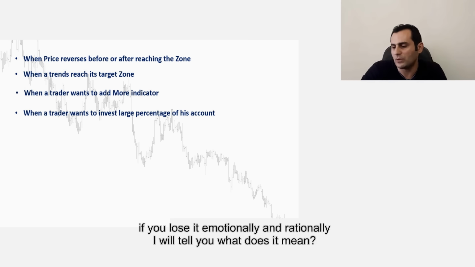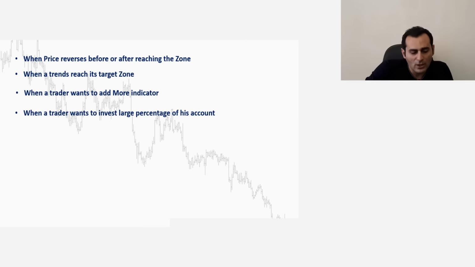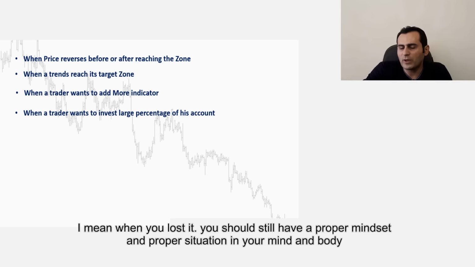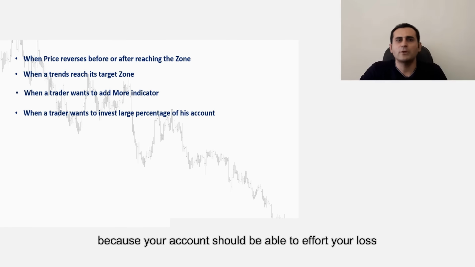I will teach you what it means. You should be able to afford losing a trade emotionally. I mean, when you lose, you still have a proper mindset, a proper situation in your mind and your body. And rationally, because your account should be able to afford the amount of money.